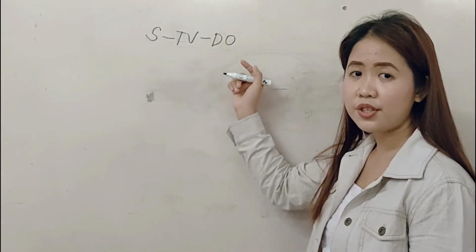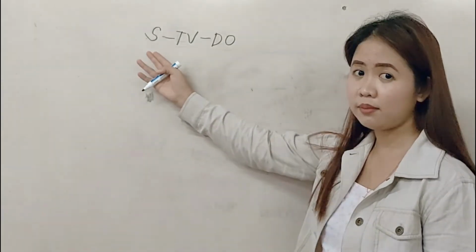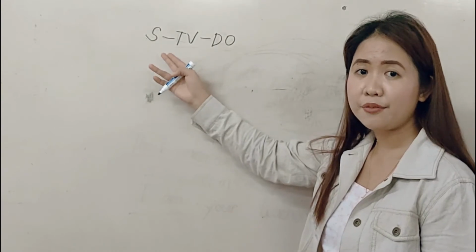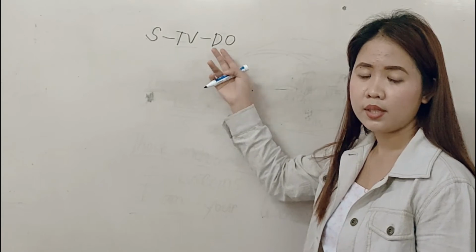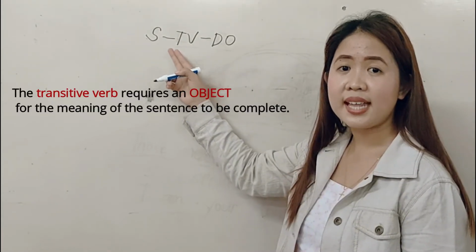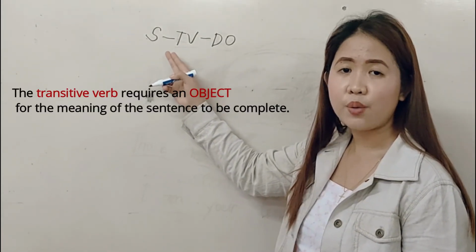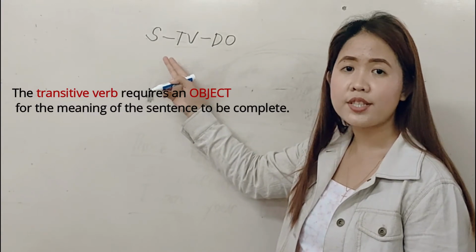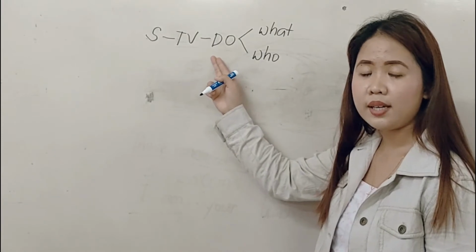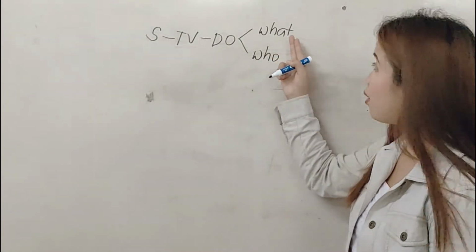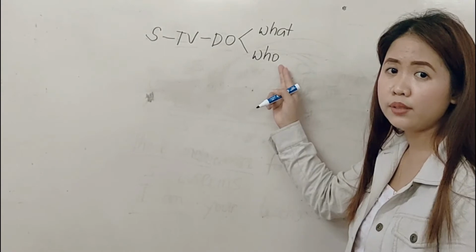This pattern is composed of the subject, the transitive verb, and the direct object. The transitive verb is an action verb that requires an object for its meaning to be complete. Direct object answers the question, what or who.